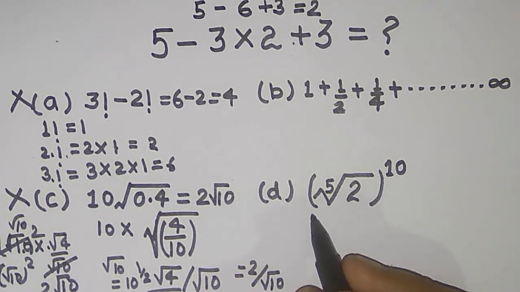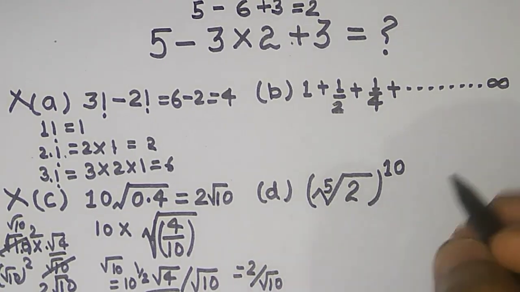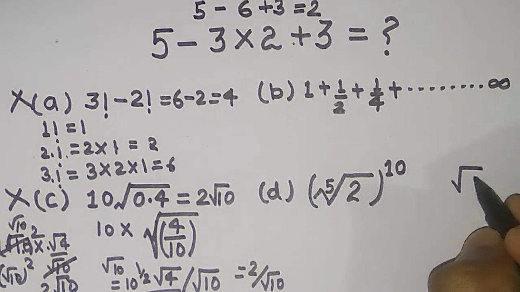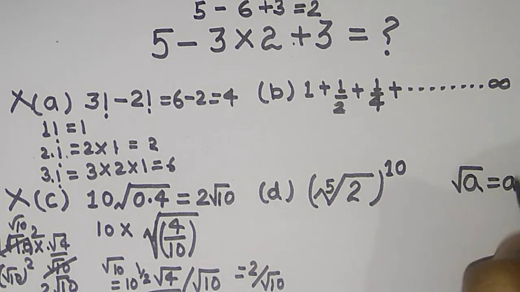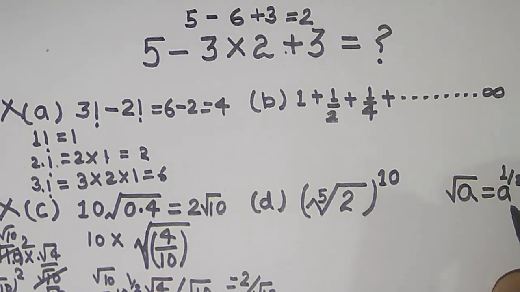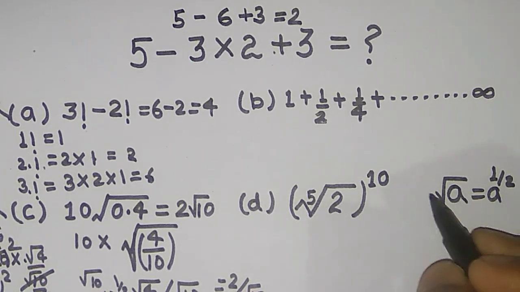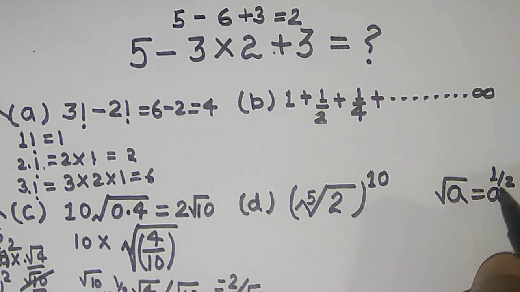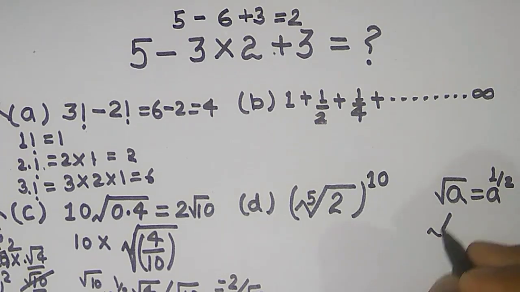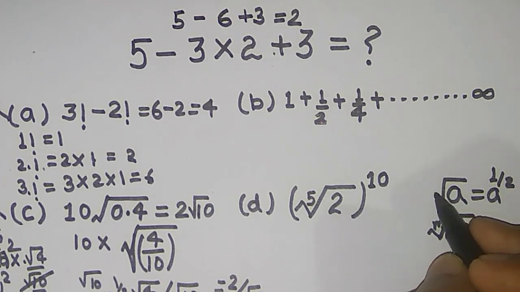Now we will see the last option, that is D. We know the square root of a is a to the power 1 by 2. When nothing is given on the root, it is assumed to be 2.